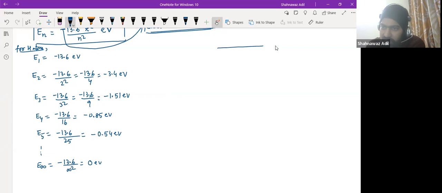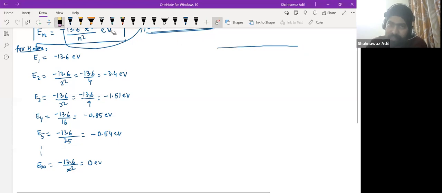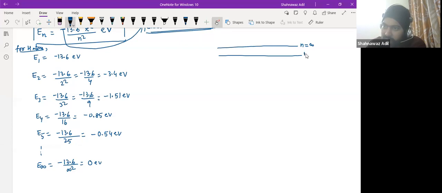So let's say that we have this n equals to infinity. And then we have this, let's say E5, this is n equal to 5, dash dash dash. And then we have n equal to 4, and then n equal to 3.